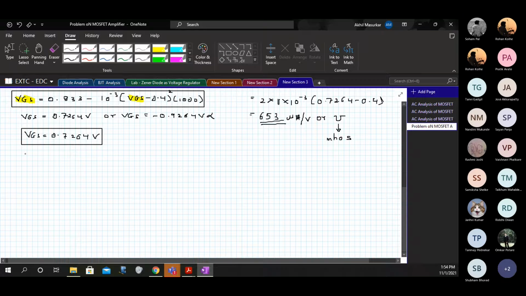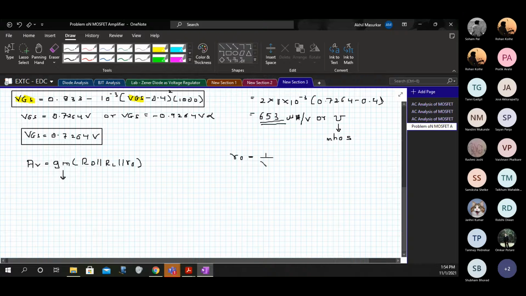Now we are free to calculate the value of gain, that is AV is equal to GM times (RD parallel with RL parallel with R0). Out of this, GM we have calculated. What about R0?